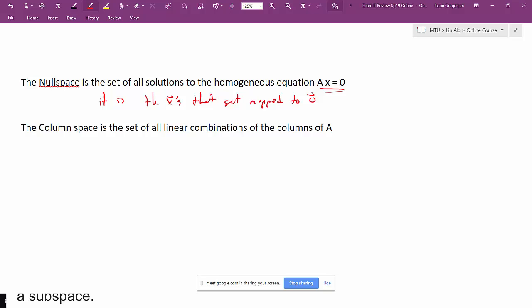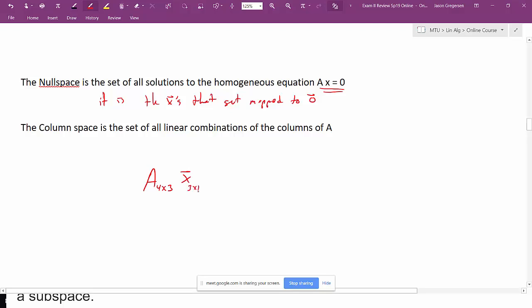But think about it: the x's that map to 0 tells me that it's some subset of the x's. So if I look at a matrix that's, say, 4 by 3, that's my A, and I'm going to multiply it by an x. Just for me to be able to do the multiplication, how big does x have to be? We'll say 3 by 1 because we'll look at it as a vector.